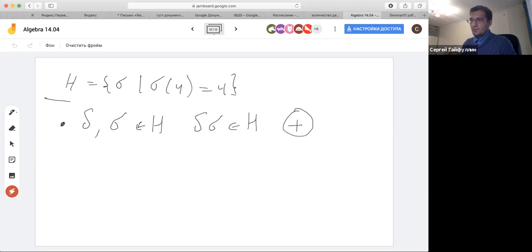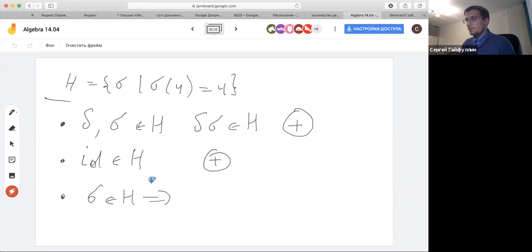So the product of sigma and delta takes 4 to 4. And the second one is that the identity, the neutral element of the group, belongs to H. This is correct. And the last one is that if sigma belongs to H, then sigma inverse, the inverse element, belongs to H.